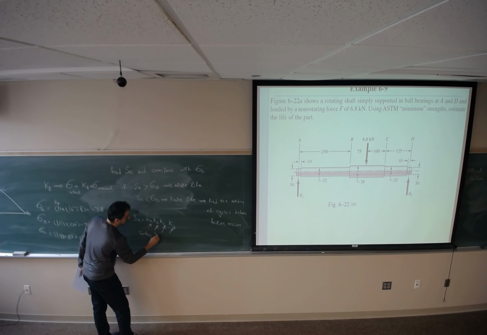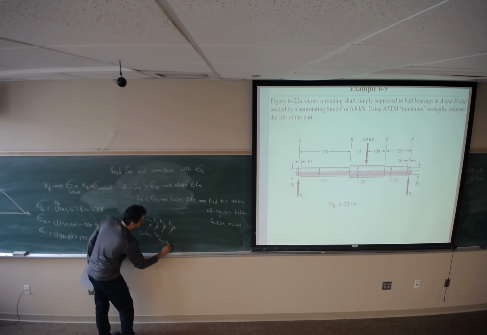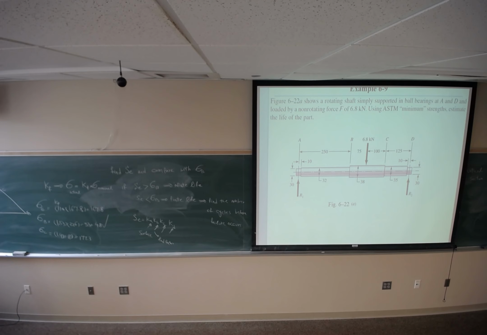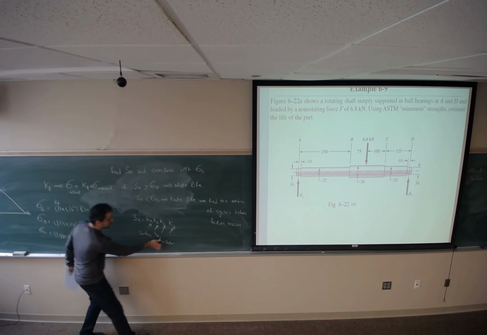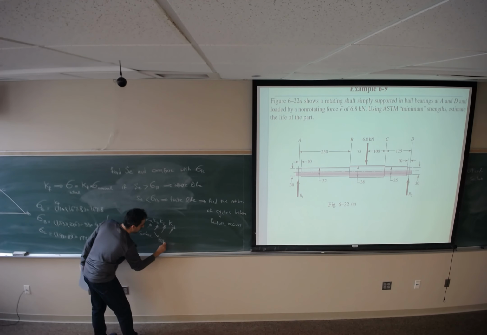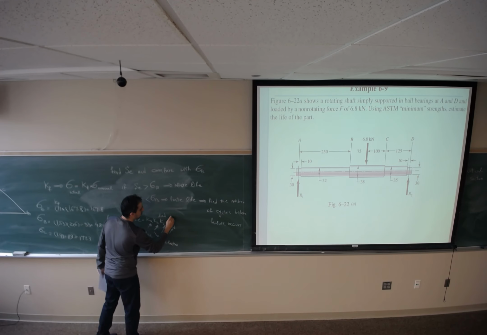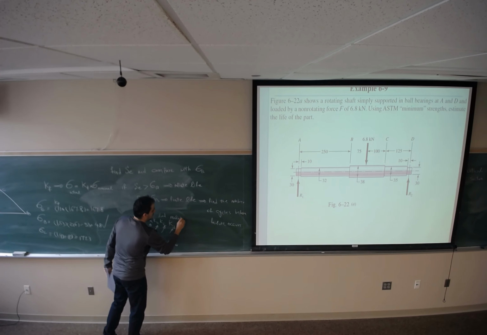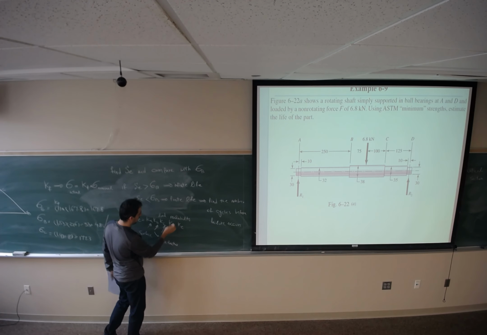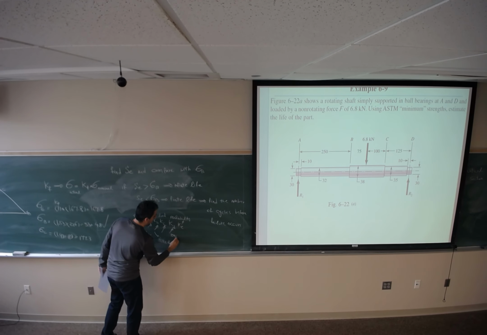KB was the size factor, KC is the load factor, KE is reliability, this is temperature, and Kf is the other factor.